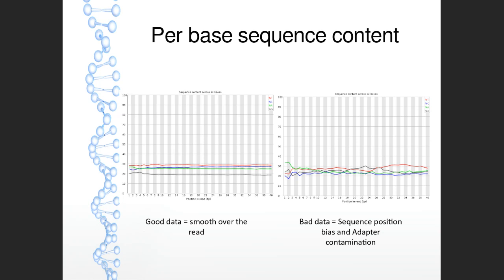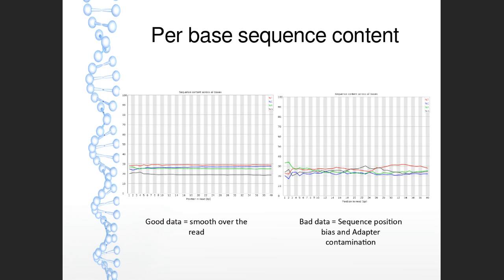So we've got an equal chance of getting a C at any one position, for example. The chance of getting one base over another may differ slightly depending on your organism, but the consistency across our reads is good. On the right here, you can see an example of some bad quality data where we've got a certain positional bias.